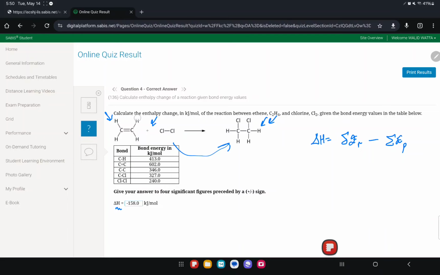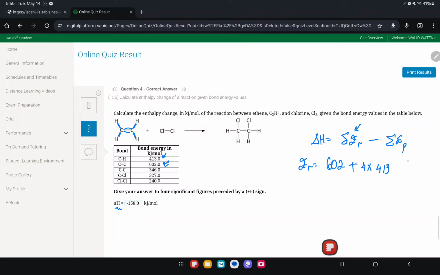In this case, let's find the energy of the reactants. We have a double bond here for carbon, so that's gonna be 602. Plus we have 4 CH bonds, so 4 times CH, which is over here 413.